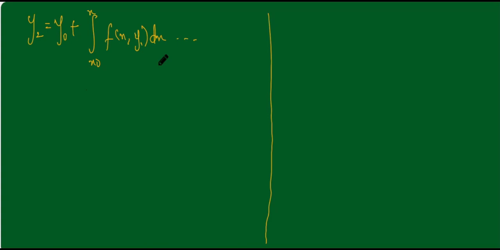So now let's go on to solve another example on Picard's iterative method. This is slightly different from what we have been doing so far. So the question goes thus.